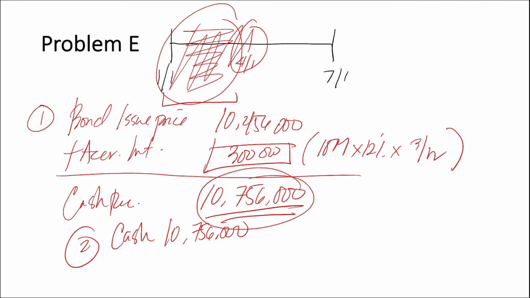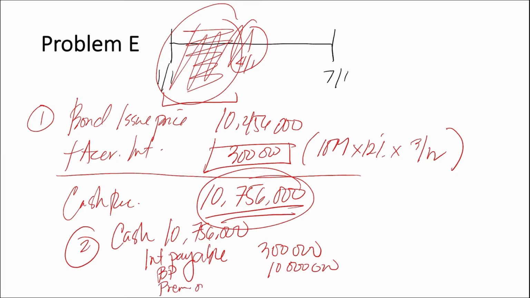Credit, first, the interest. The accrued interest is in advance to you, so you credit interest payable, 300,000. Credit bonds payable, 10 million. Then credit premium on bonds payable, which is 456,000.